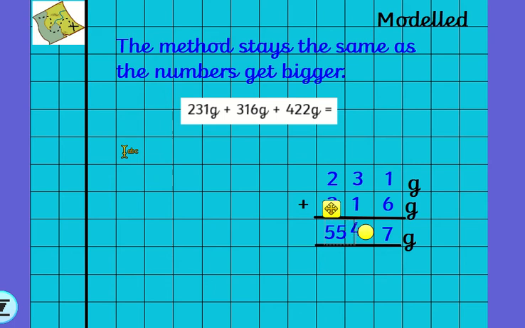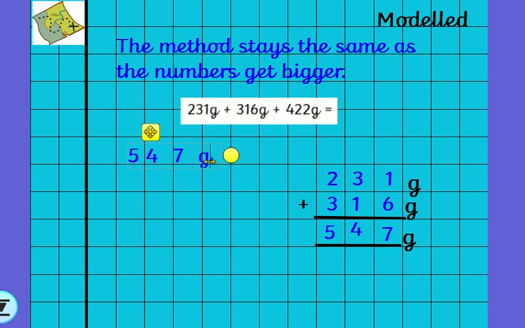But we now need to move that on, don't we? So 5, oh no, not there, Mrs. Edwards, over here, please. So 5, 4, 7. Get rid of one of them, don't want to confuse you. So 5, 4, 7 grams. And what are we adding to it? We are adding to it our last number.